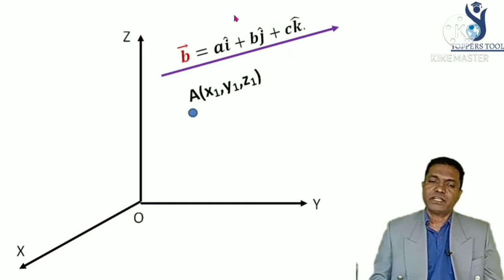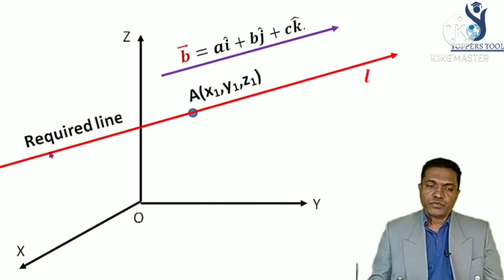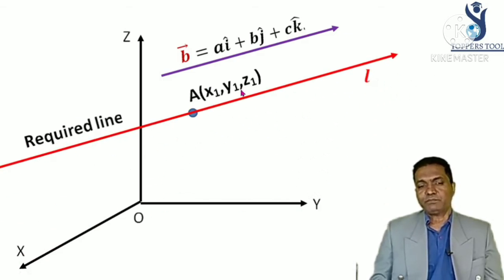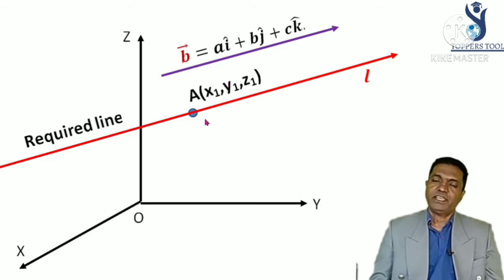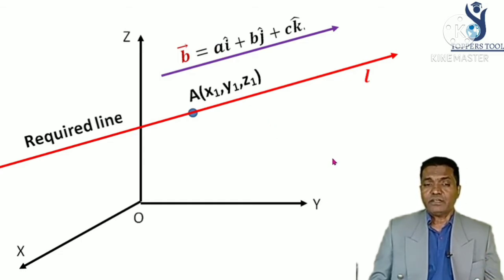Let us assume this is vector b = a i cap + b j cap + c k cap. We have to draw the line which passes through A. This is the required line which passes through the point (x1, y1, z1) and is parallel to this vector. So this is the figure you have to remember.